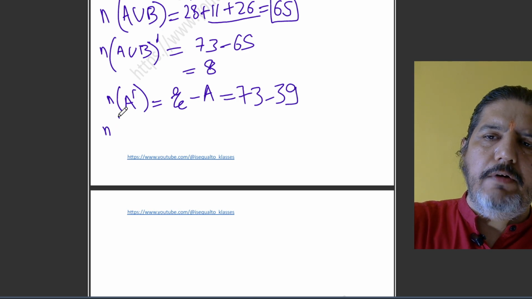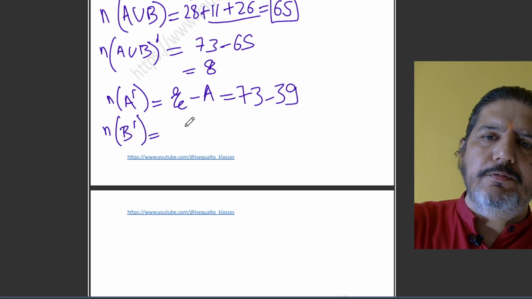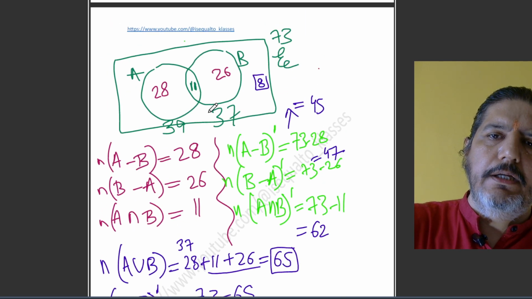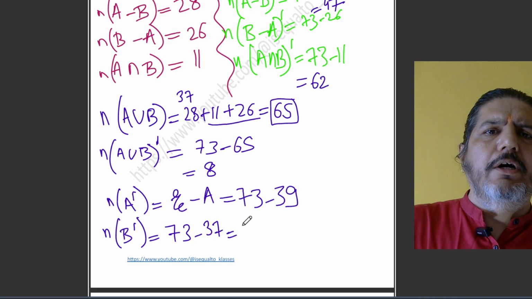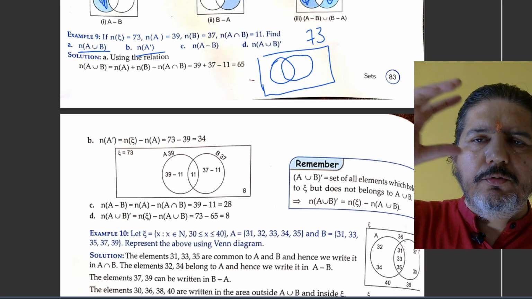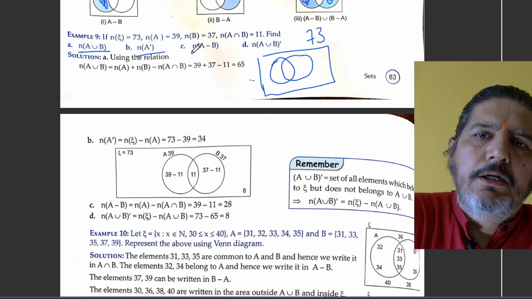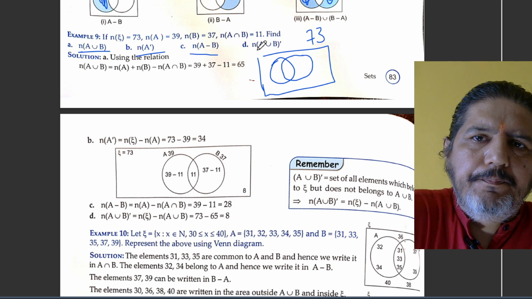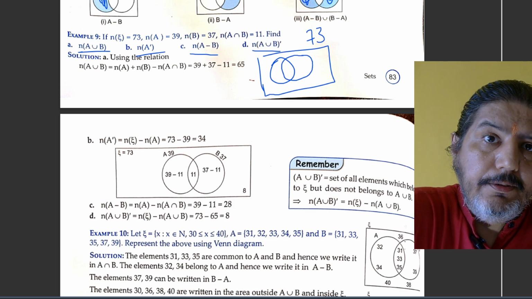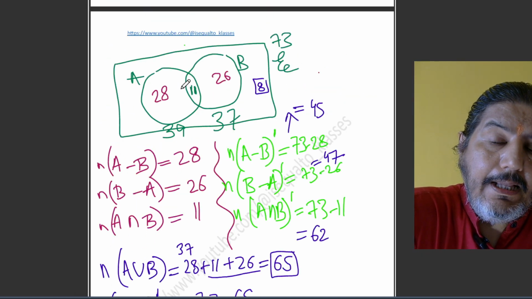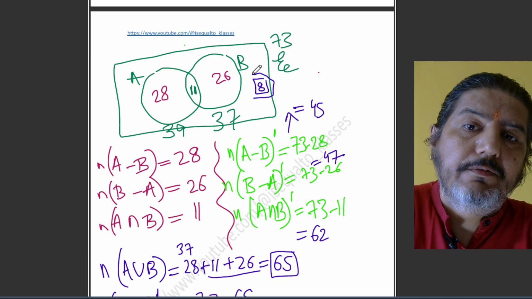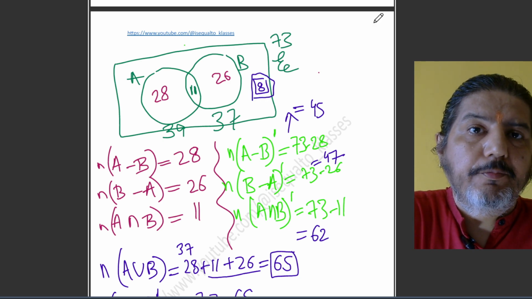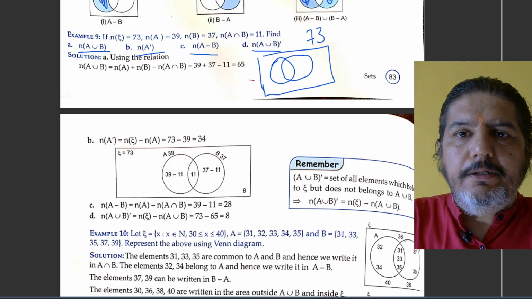If you had to find n of B complement, that would be 73 minus whatever is there in B, 37. I'm adding a lot of extra questions so that you really understand what is going on. N of A minus B we have calculated. N of A union B complement, all of you who are paying attention would have understood that it would be 8. So the number of elements would be 8.